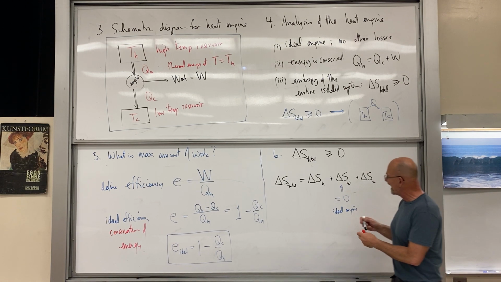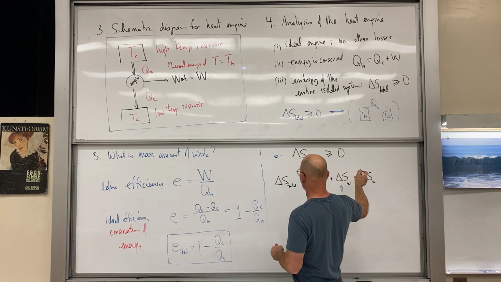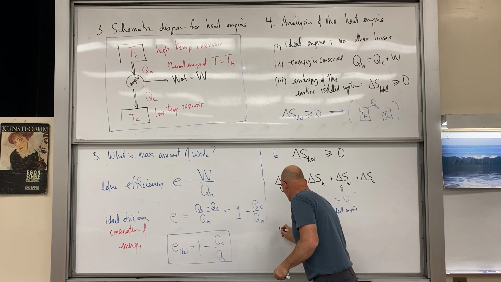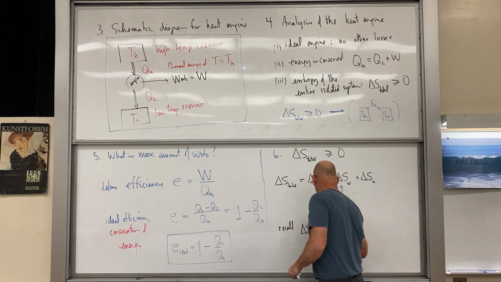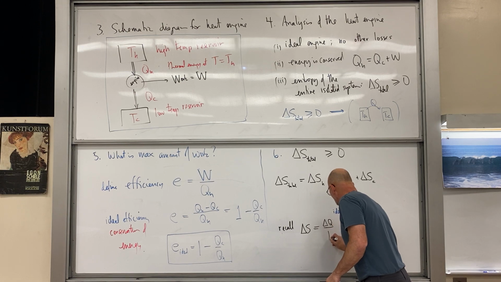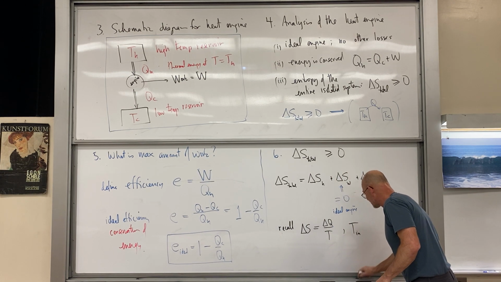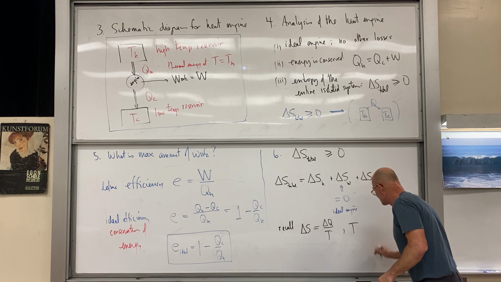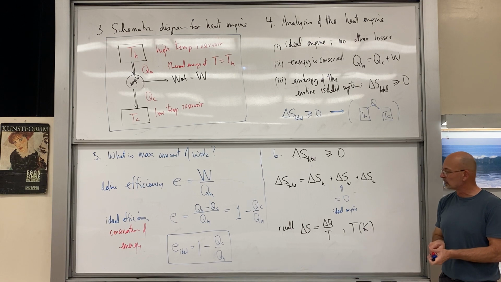The delta SH, I'm going to break this down a little bit more. Recall delta S is delta Q over T, in Kelvin. Maybe I should have brought that up a little earlier.